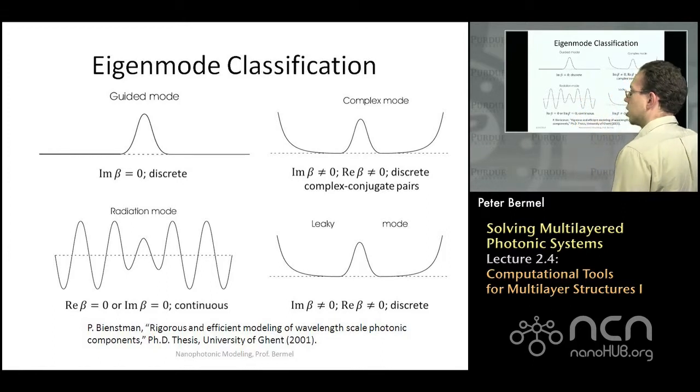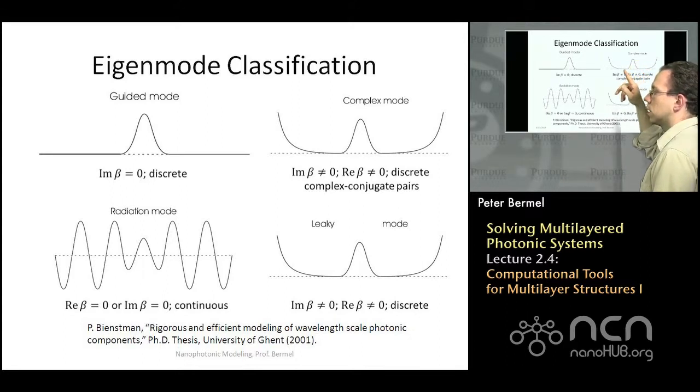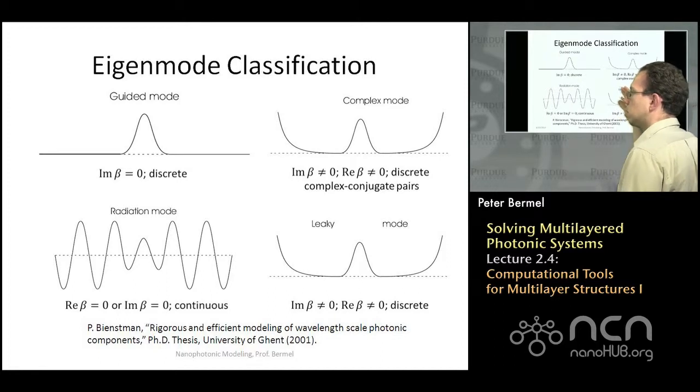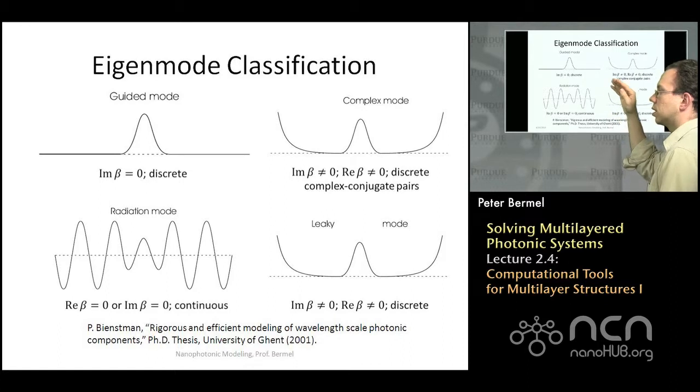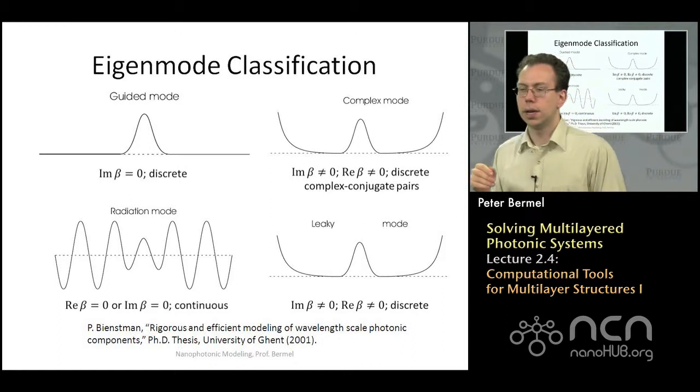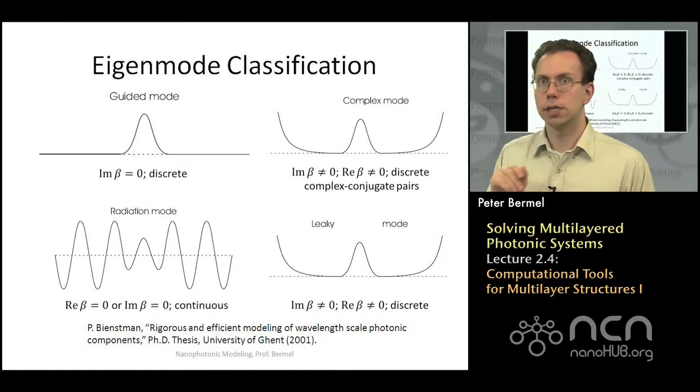The complex modes that we were talking about earlier, which may have seemed a little confusing, actually look similar to the leaky modes, so we can group them together. The only real difference is that the leaky modes don't necessarily have partners that have equal and opposite betas. But in both cases, the leaky modes are similar to the guided modes we saw earlier, except now there's also this diverging component, at the far reaches in plus or minus c, that allows some of the mode to be lost over time, which was not present in the guided mode.